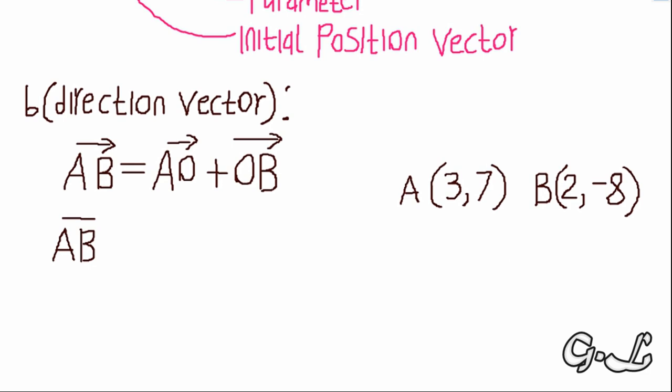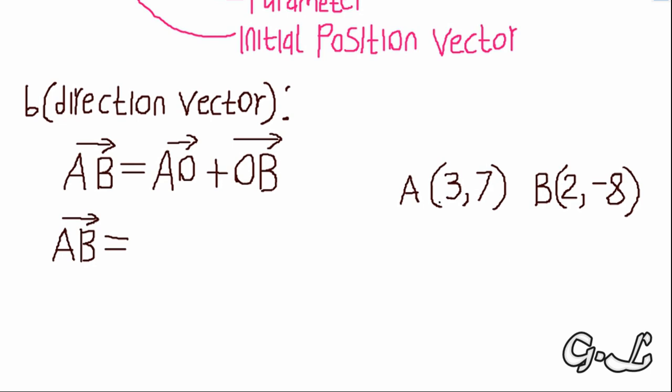So what we're going to do is say vector AB is equal to, and you need to know that the point A, when you consider the position vector, the coordinates which you are given, 3, 7, is simply vector OA. So vector OA has 3, 7.